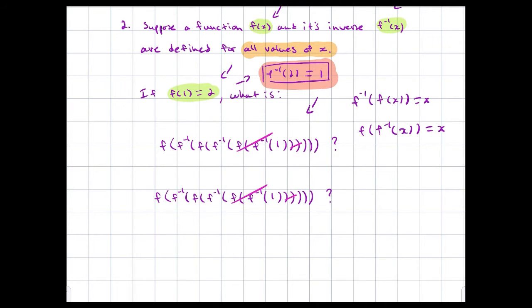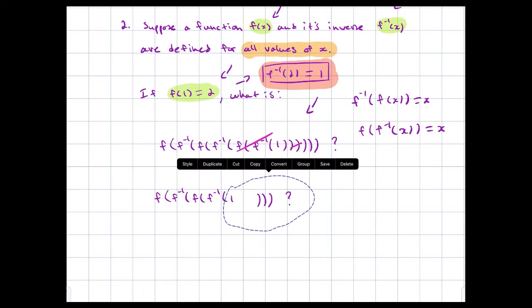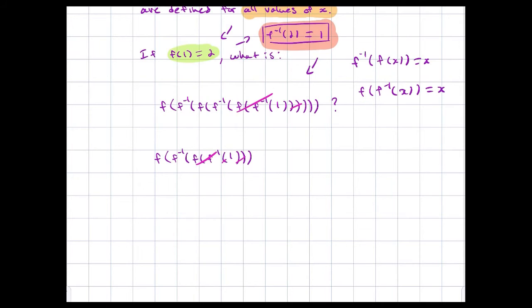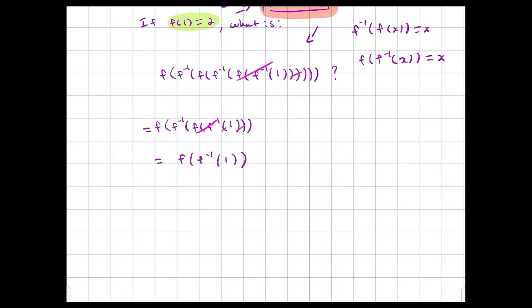I can cancel those two and say, all right, well, f of f inverse of 1 was just 1. I don't think I need the question mark anymore. And then I can cancel the next pair. F inverse, cancel again. They cancel with that, and the second last thing is f of f inverse of 1, which of course, these cancel as well, and this is just 1.